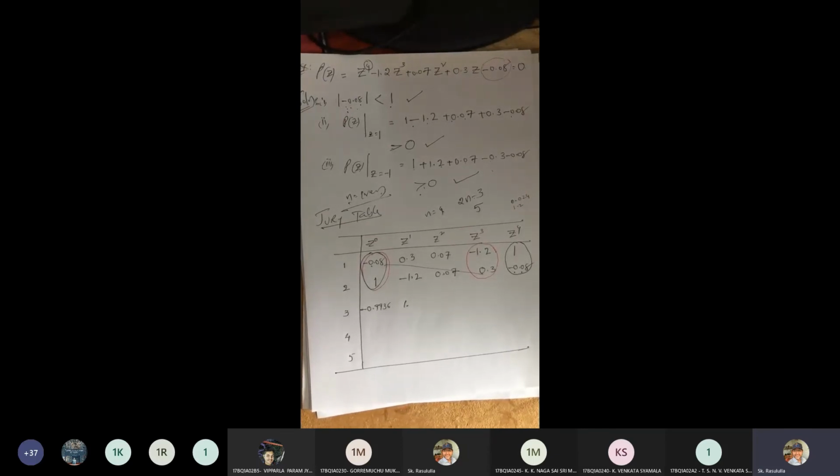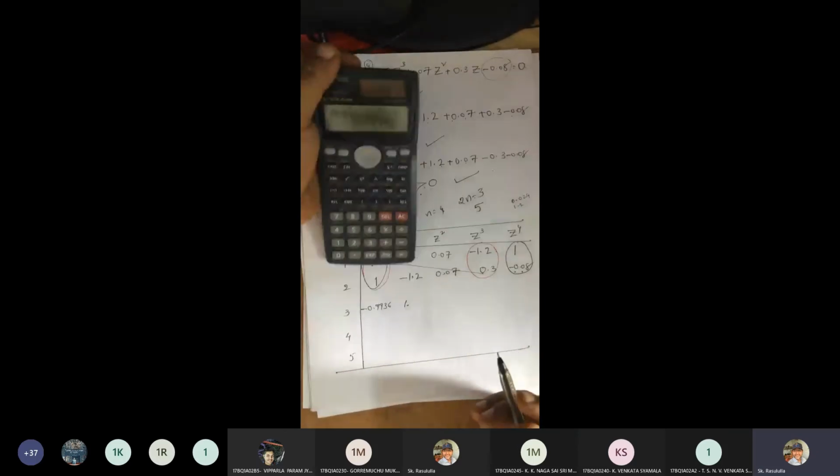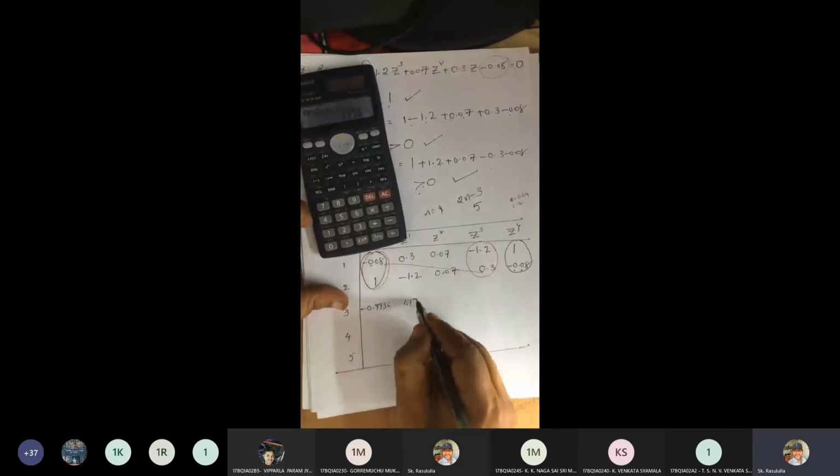So this is the minus value, plus 1.2, that is 1.176.